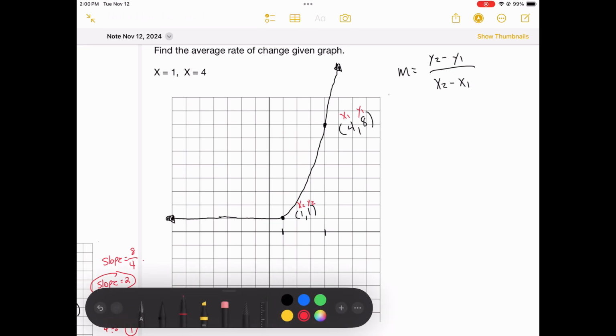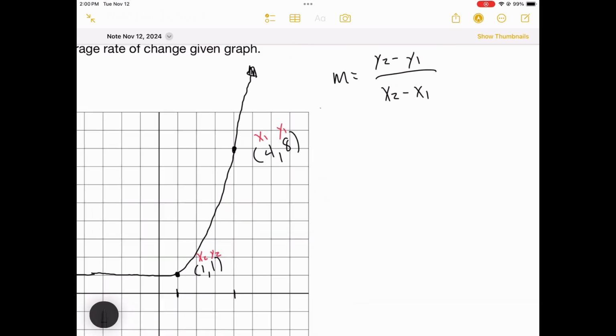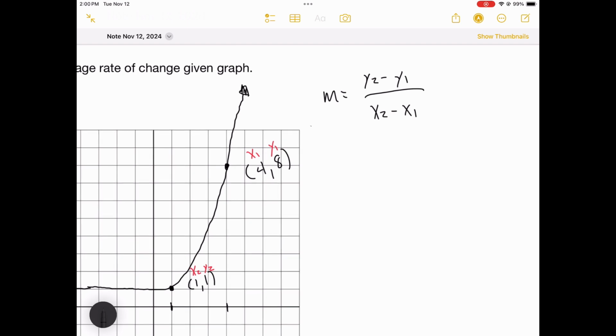So remember, just plug it in. Again, if I'm going to use this as my y2, then I have to use this as my x2. I can't be mixing these around, okay? And then I'm going to subtract 8, because that's my y1, and this is my x1, so I'm going to subtract 4 there. Oops, I made a mistake.